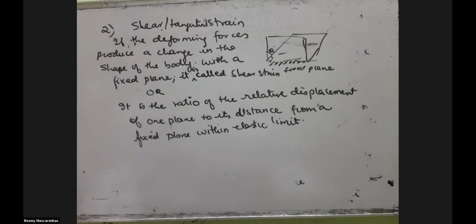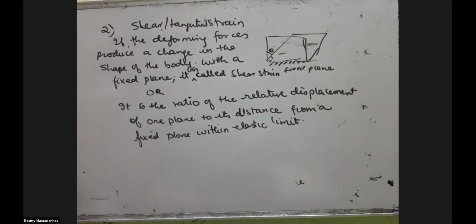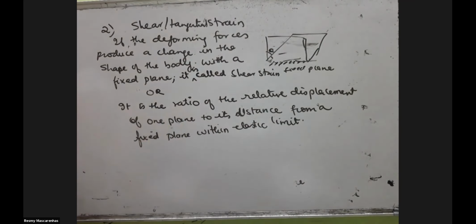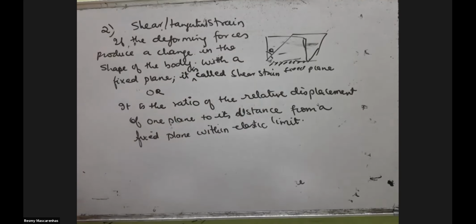Why is it called relative displacement? The whole block is not moving. Only a part of the block is moving. So that's why the word relative will come. Only one plane, which means one face, is moving, displacing, and the other face is fixed.